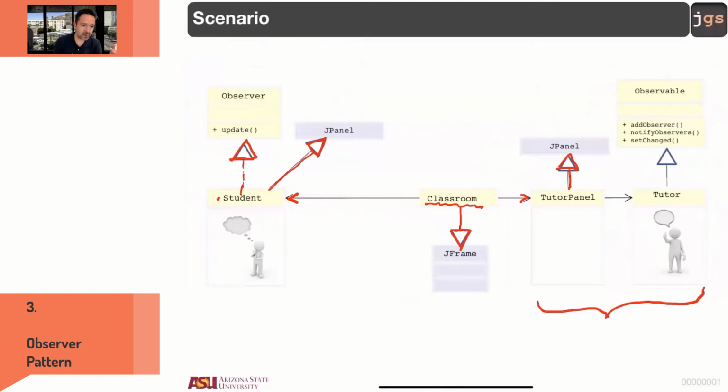But we have this problem, inheritance in Java cannot be multiple inheritance. If we were working in C++, I do multiple inheritance and I put tutor as the child of a panel and the child of observable, done. I will have exactly the same that I have with the student. In this particular case, I cannot do that, right?